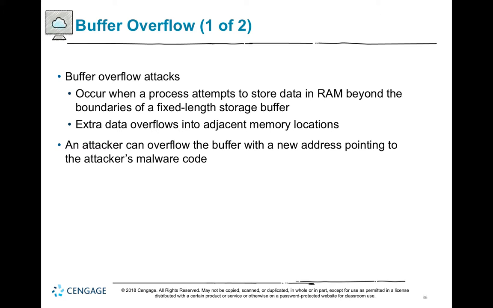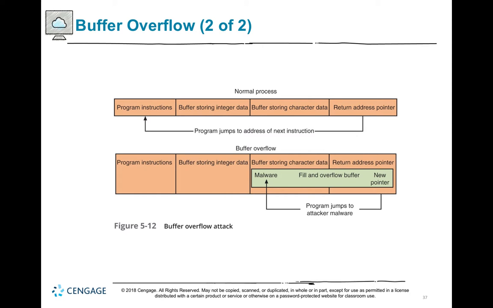Then the pointer will stumble on that and go all the way down, and at the end of that sled they would put their malicious code. So if they know that the pointer is going to access anywhere in that no-operation sled, just massive no-ops, then they can have the processor execute their malicious code.